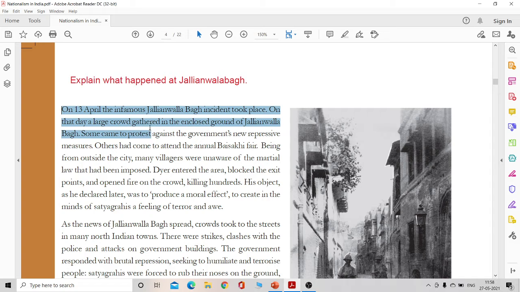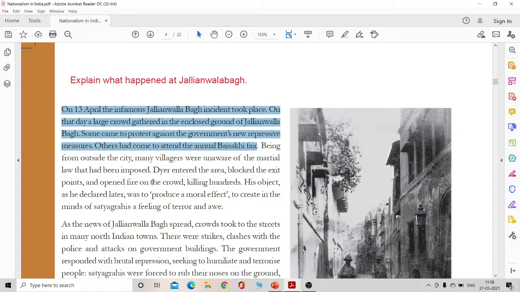So on 13th April, the infamous Jallianwala Bagh took place, and we see that during the Baisakhi fair, many villagers, who were unaware of the martial law, came to Jallianwala Bagh, which was a garden named Jallianwala, right?